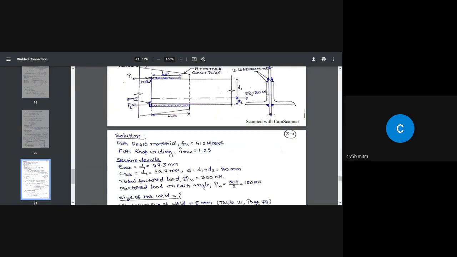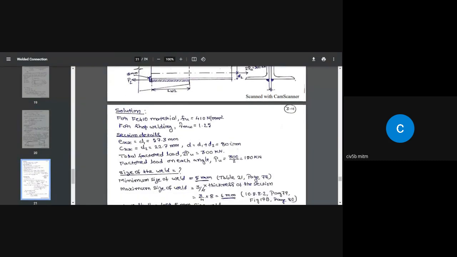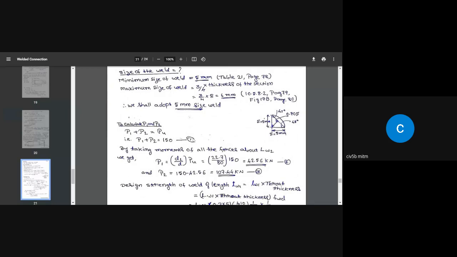Whatever the force in that area is going to be transferred through this weld, and this weld covers only lesser area, meaning lesser force. That's why we need lesser length of the weld. So find out what is P1 and P2 with this.